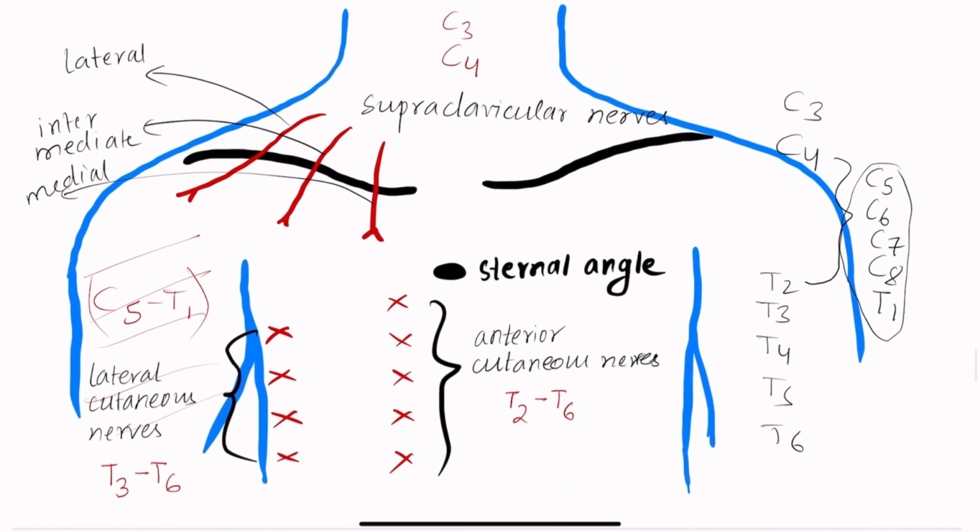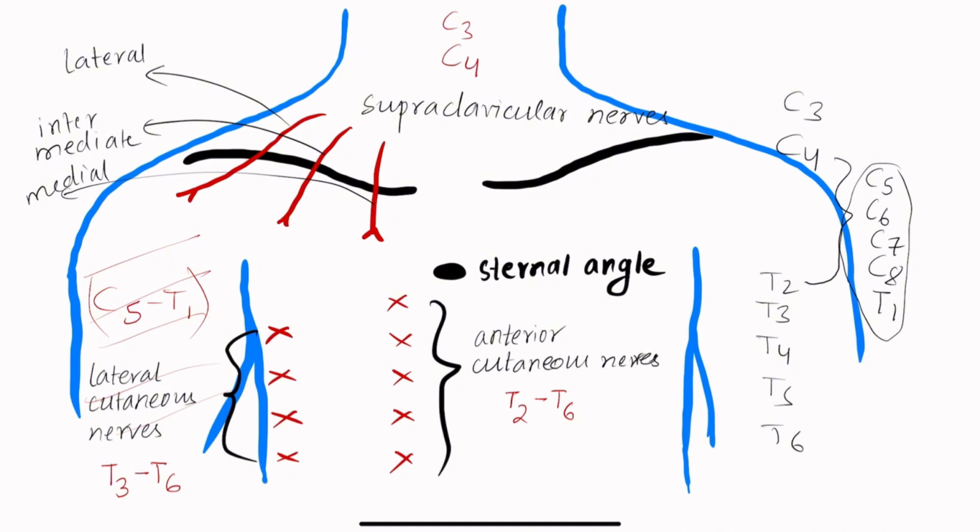Let's look at the cutaneous branches or the cutaneous nerves supplying the superficial fascia or the skin of the pectoral region. So here's the sternal angle. It is the point where the manubrium articulates with the main body of the sternum. Above the sternal angle, the cutaneous nerve is different, and below the sternal angle, the cutaneous nerve is different.